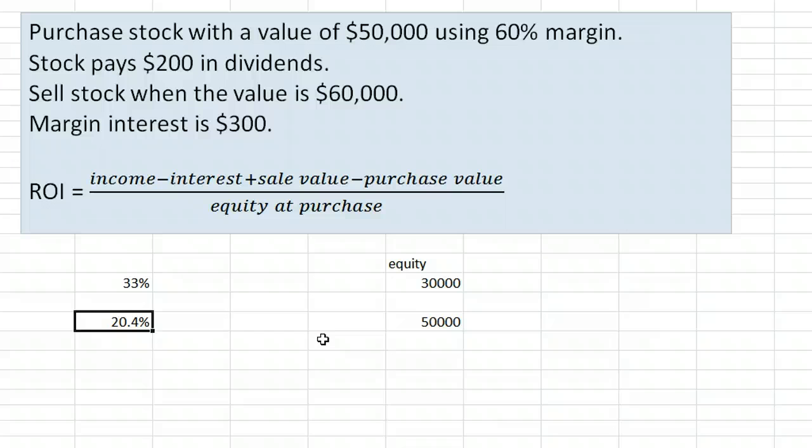So using margin essentially leverages the percentage return that you're going to get from making an investment. I should also mention, just to be responsible, that using leverage also magnifies losses if the price of this stock had gone down.